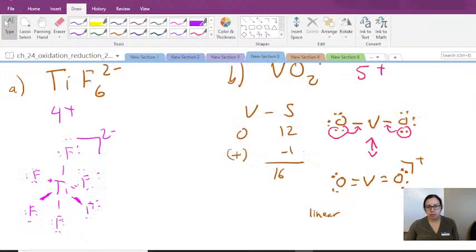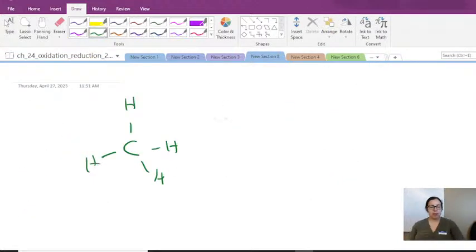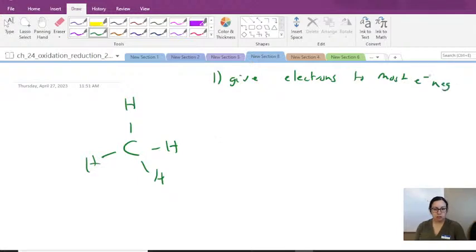And so let's compare. Give electrons to the most electronegative. In this case, we could just redraw it.